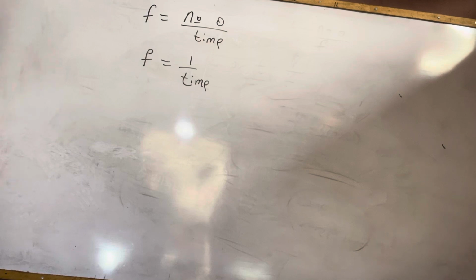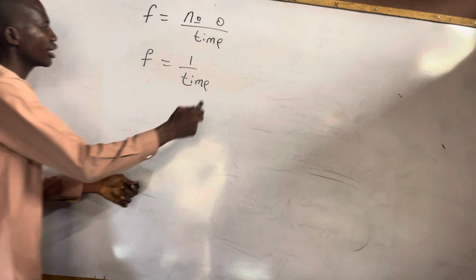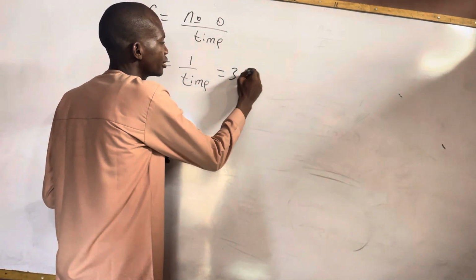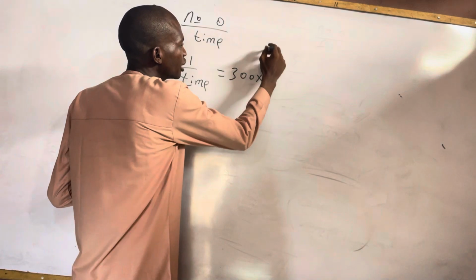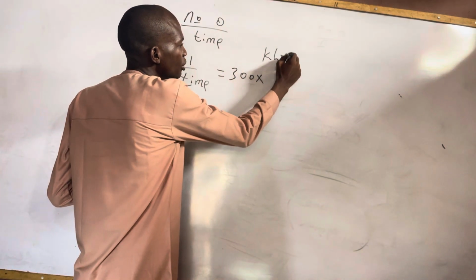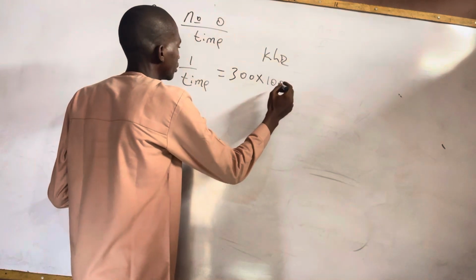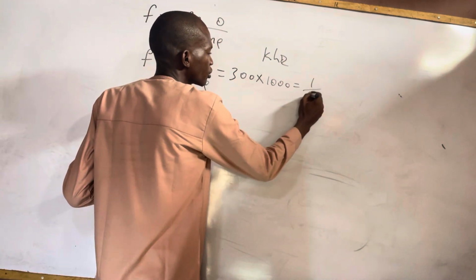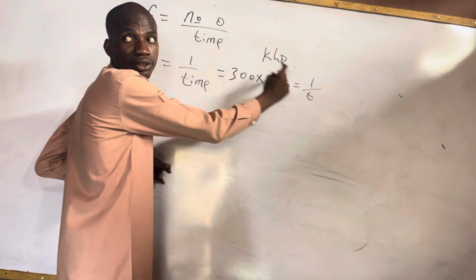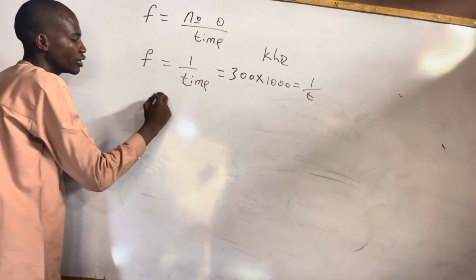You got frequency with 300 kilohertz. Kilo means what? 1,000. It goes to 1 over T. So it cross multiply, because multiply makes you get times of the formula.